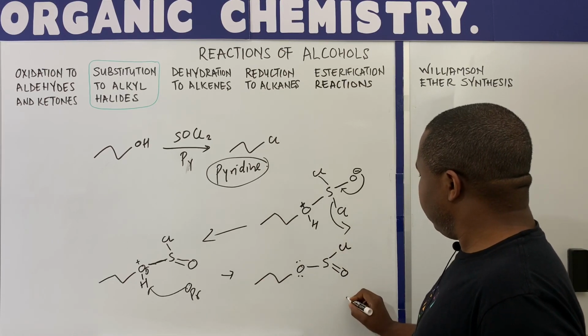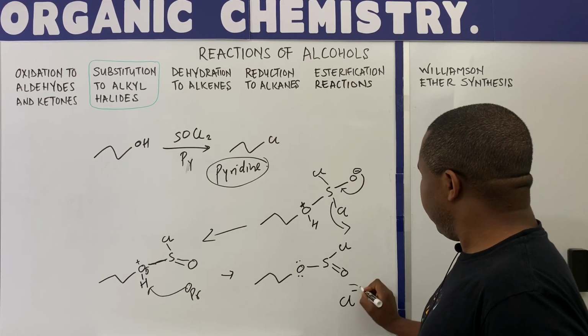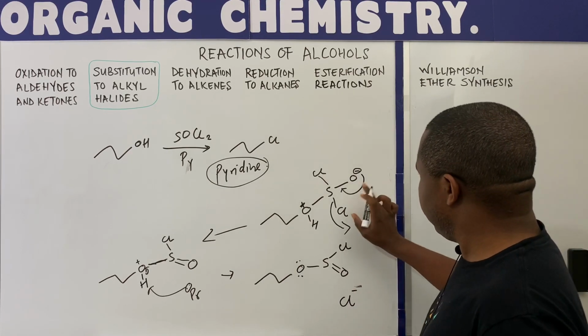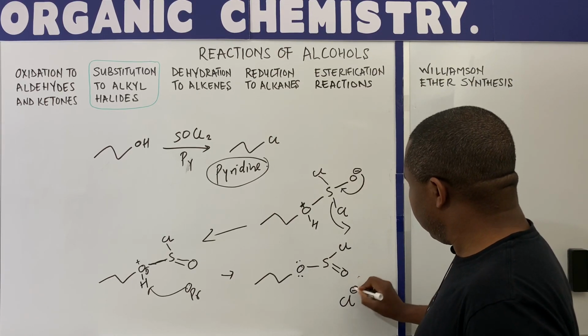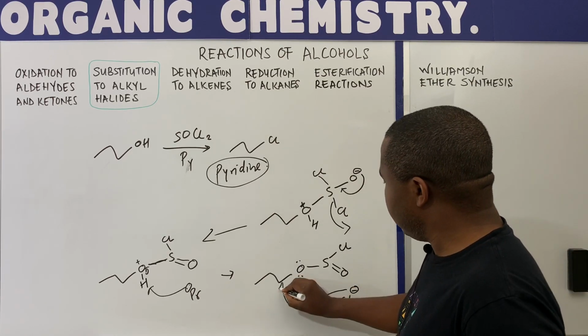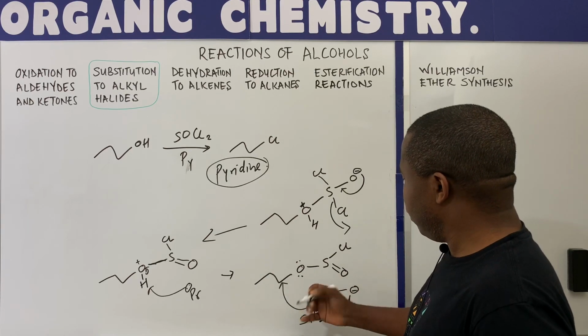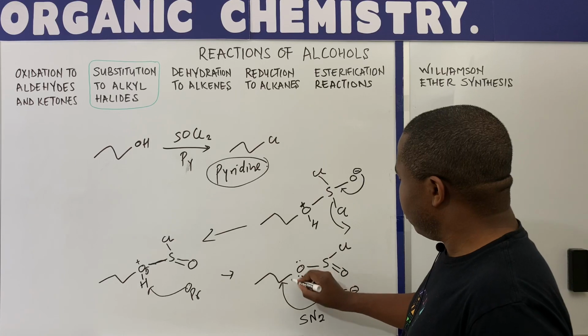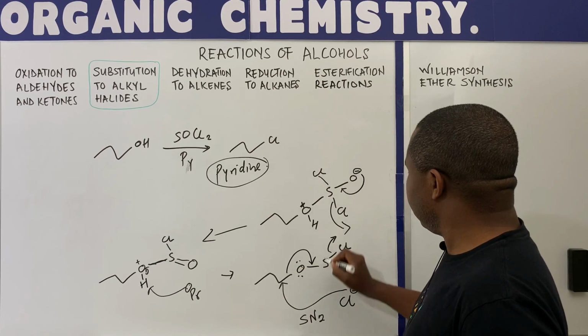And then the chloride ion that left at this step comes back to attack this in an SN2 reaction, or we say SN2 step, so that this goes like this and this leaves.